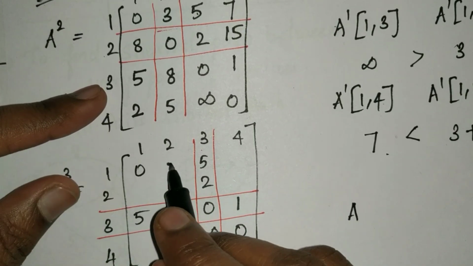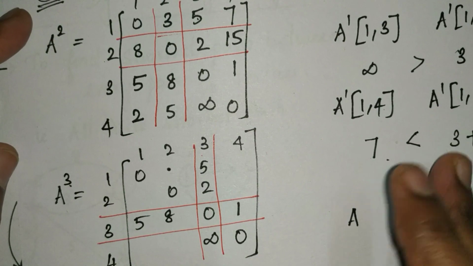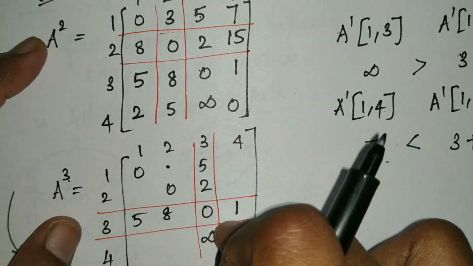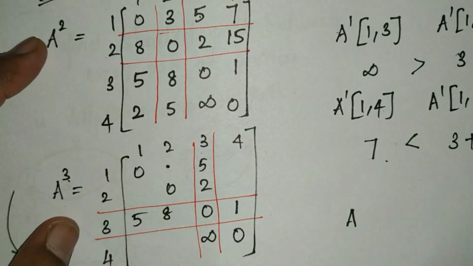Now again using the same formula we have to find. For finding 1,2, we want to refer to the matrix A2. For filling the current matrix we need to refer to the previous matrix.